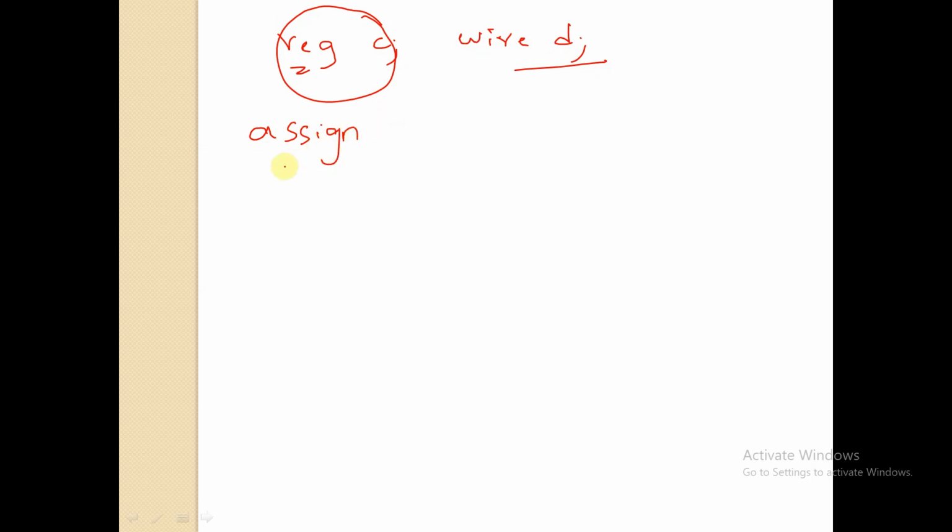Coming to the second case, let's say I declare a reg C and a wire D. I want to store the value present in C into D. So I will write assign D is equal to C. This is how we store the value stored in the reg into the wire.